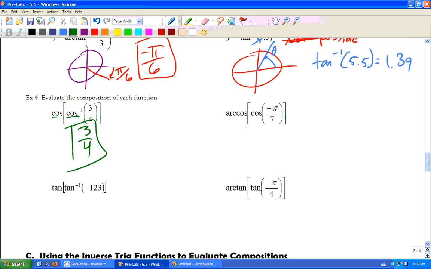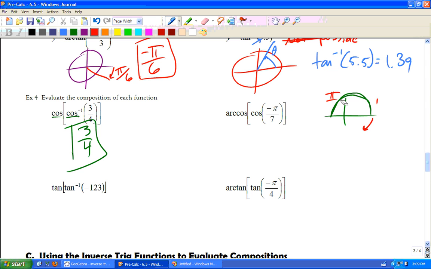Now, the arc cosine of the cosine of negative pi over 7. Our cosine inverse is limited to quadrant 1 and quadrant 2. Negative pi over 7 would fall into quadrant 4, so that means we can't stick this in and have it come out to negative pi over 7.